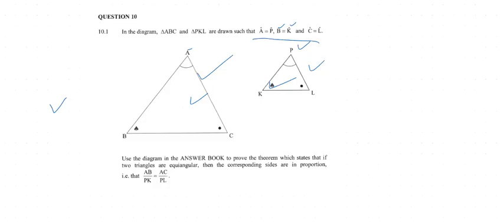That's one method. The most common proof is to construct a similar triangle on triangle ABC. So we have the construction: mark a point D on AB.